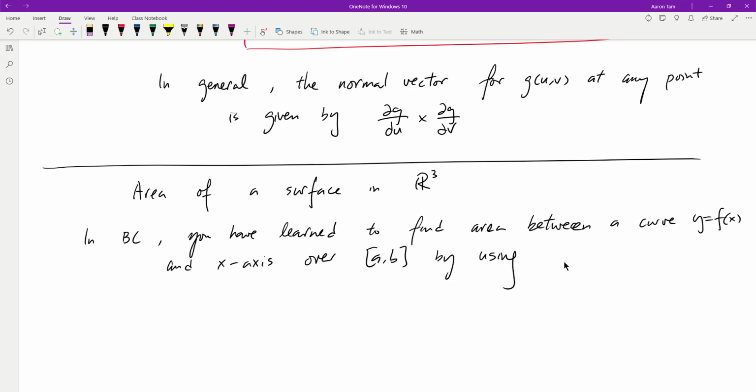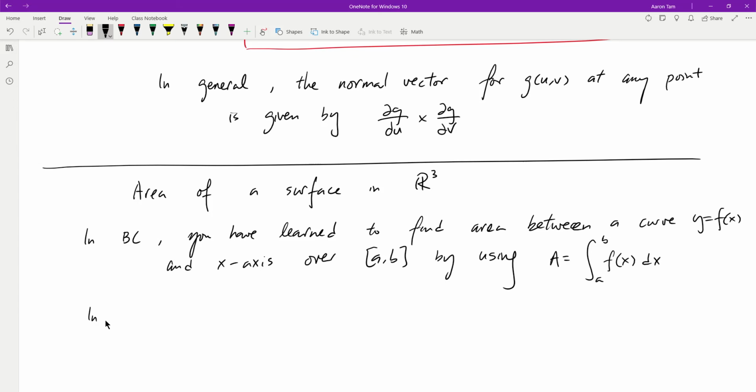So I'm going to say A equal to the integral from a to b of f of x dx. And of course, when I say area, loosely defined, technically speaking, it's a net signed area, but I'm going to assume that f of x is always positive in this case. Okay?